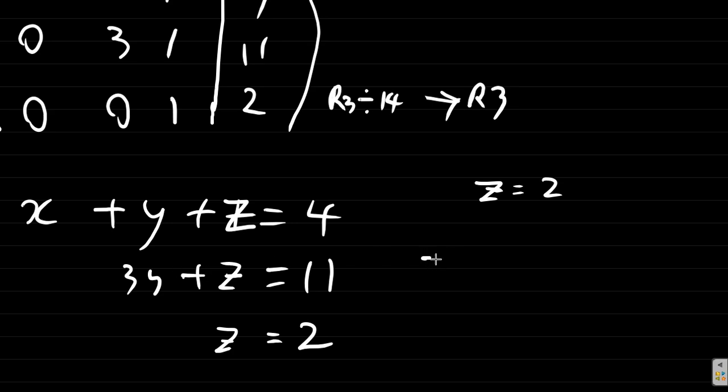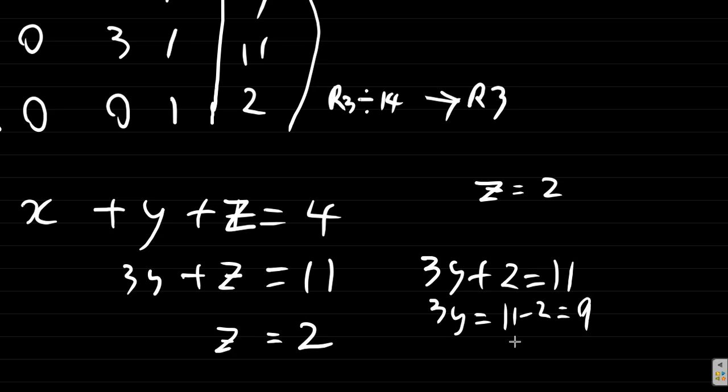Now here, 3y plus z, but it's plus 2 equal 11, because you know z is 2 already. So what you have is 3y equals, subtract 2 from both sides, 11 minus 2, which is 9. So y would be 9 over 3, which is 3. So y is equal to 3. Alright?